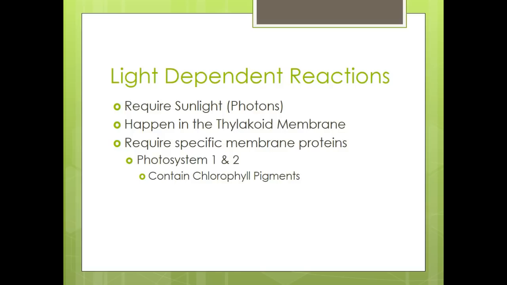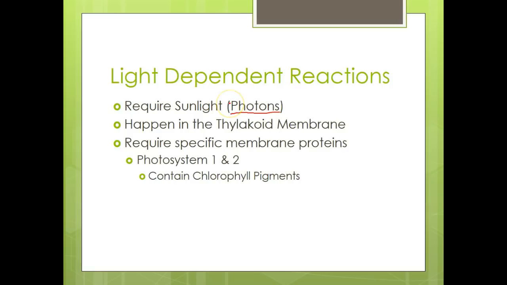So, light-dependent reactions require sunlight, and that sunlight, like I've talked about in previous lectures, comes to the Earth in photons. Photons are particles that travel along a specific wavelength and are emitted from the sun and will travel great distances to get to the Earth.